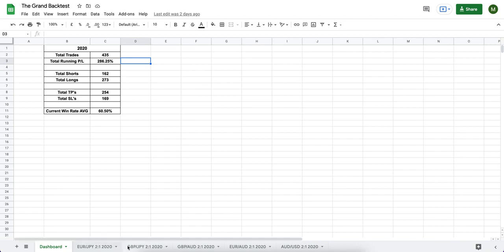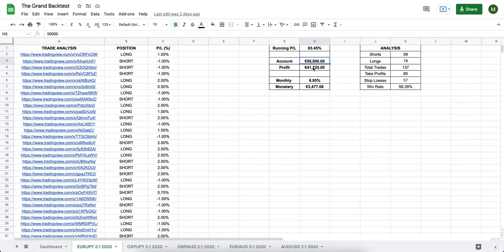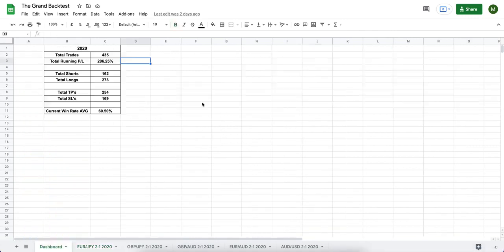So on all of the pairs I used 50k as an example. We have to assume that each position that we entered is with a 50k account. No more, no less, because it's just easier to calculate things.